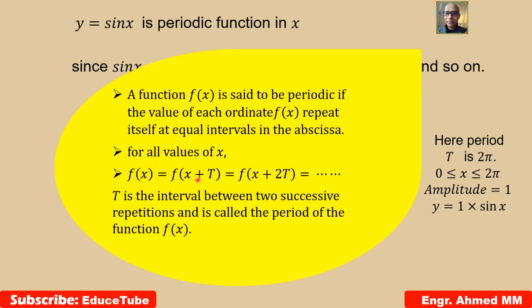Here the difference between these two terms is T. Again the difference between these two terms is also T. If there were another term here, the difference between these two would also be T. So T is the interval between two successive repetitions, and it is called the period of the function f(x). So let's move ahead to see the details to understand.